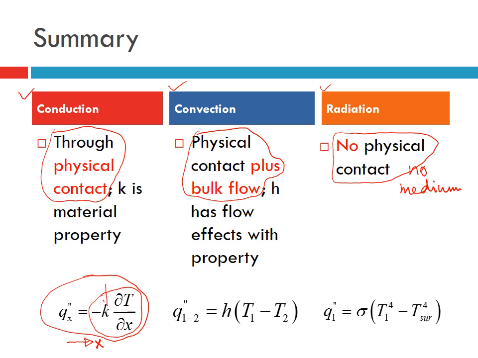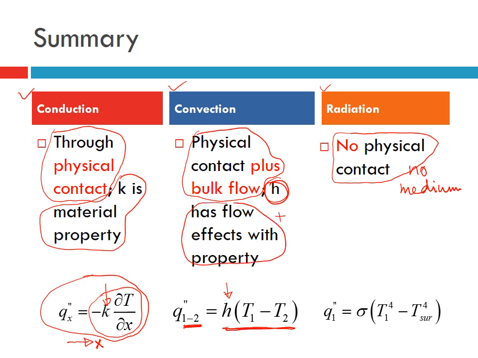And this k is the material property that we need to know. Likewise, in convection, if I write the equation this way, then the heat flow is from 1 to 2. So that is the direction. We don't need to know which is hot and which is cold. It will work out. And convection is characterized by this h, which has the flow effect on top of conduction. Conduction is still there.